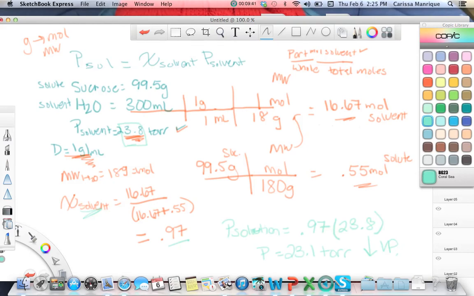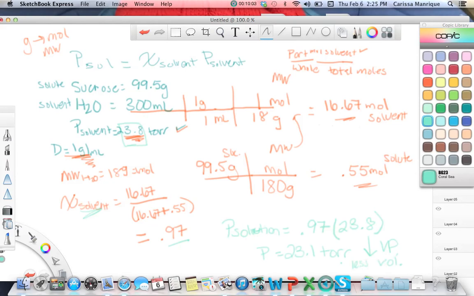So what does that mean? That means it's less volatile, meaning it's harder to evaporate now. This increases the intermolecular forces, so it's less volatile, which means it's harder to evaporate or to become a gas.